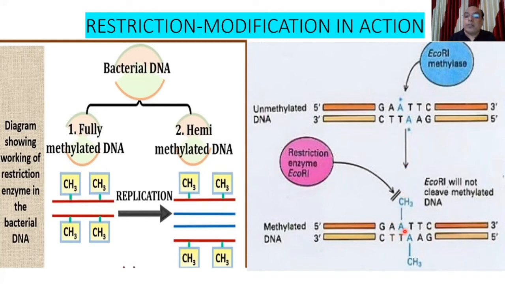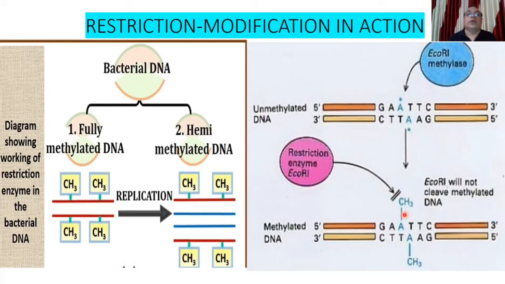So it is the same sequence on the bacterial genome, and it would have been broken down by the restriction enzyme, but due to the addition of methyl groups on both the strands, the restriction enzyme does not recognize it as its target site, and it is not breaking down the cell.